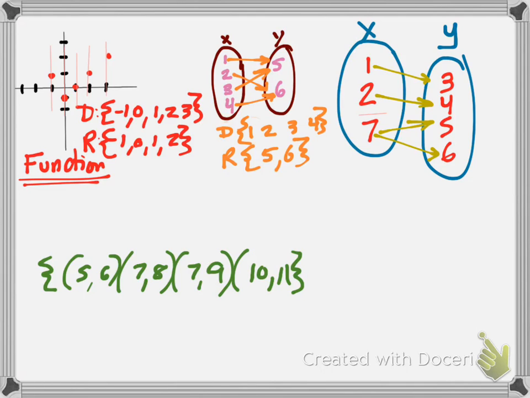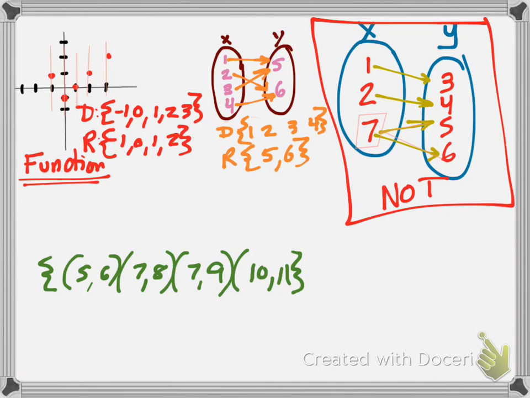The 7 has 2 arrows coming off of it. Anytime a mapping has 2 arrows coming off of the same x value, it is not a function. This one's not. And I'm not going to list off the domain and range for that one. It's just simply going to be 1, 2, 7, and 3, 4, 5, and 6 for the range.